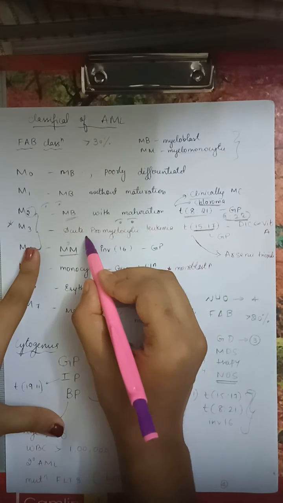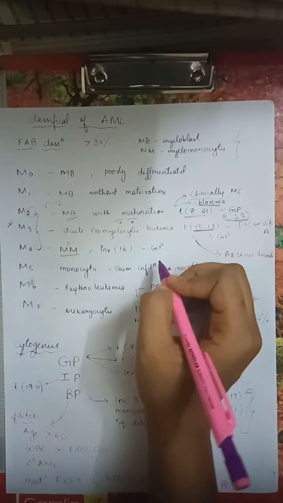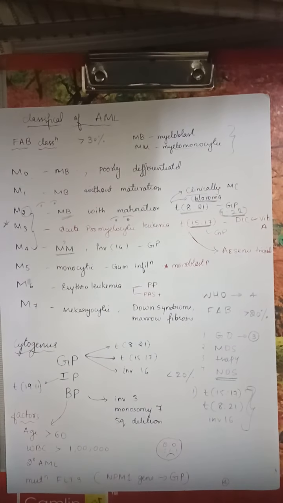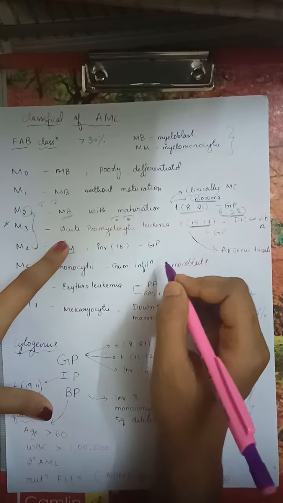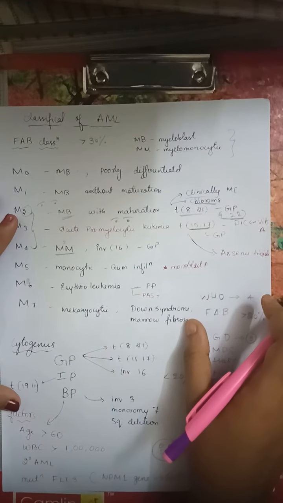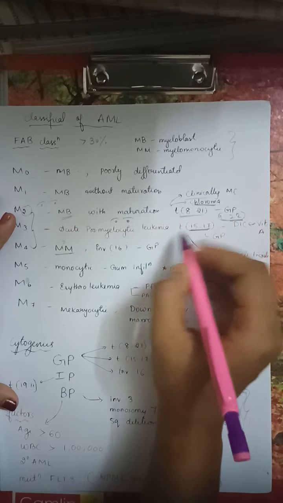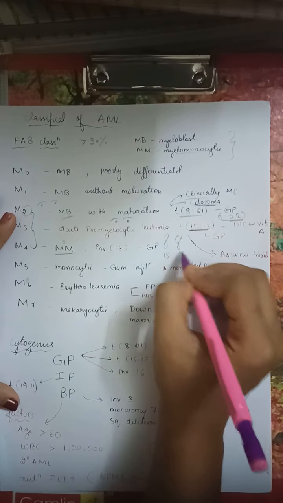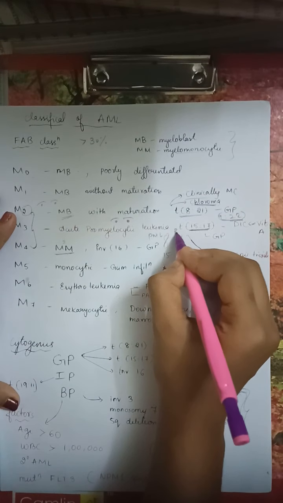Then the most important one is acute promyelocytic leukemia, and we know that the translocation here is PML-RARA, PML and retinoic acid receptor. I even have a cool way to remember this: just remember it is translocation 15;17. So 15 and 17, PML gene, and this is the retinoic acid receptor.